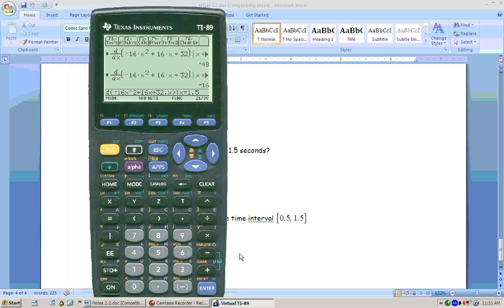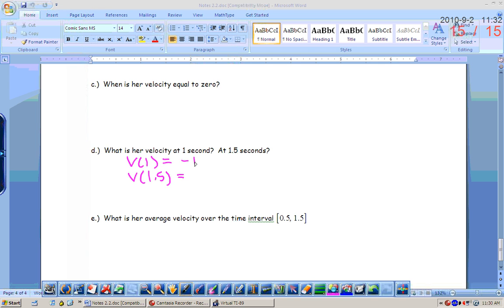And then I can just go back and change it to take the derivative and find the derivative when x equals 1.5. And I get negative 32. For these equations, using the calculator is a little bit more work. But you will have equations that are much more complicated, and it's easier to use this feature. Okay, so this was negative 16, negative 32. Be sure and label your units, feet per second.